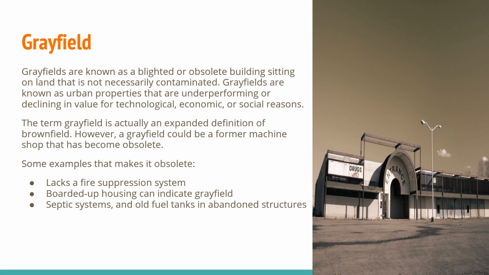For example, when we saw the transition from proper mall buildings to strip malls, we saw a lot of abandoned malls that, while not necessarily contaminating the land below them, were still abandoned and unused. Some things that make these buildings obsolete are that they could lack a fire suppression system, there could be abandoned boarded up housing, or there could be septic systems and old fuel tanks that just aren't cutting the job anymore.